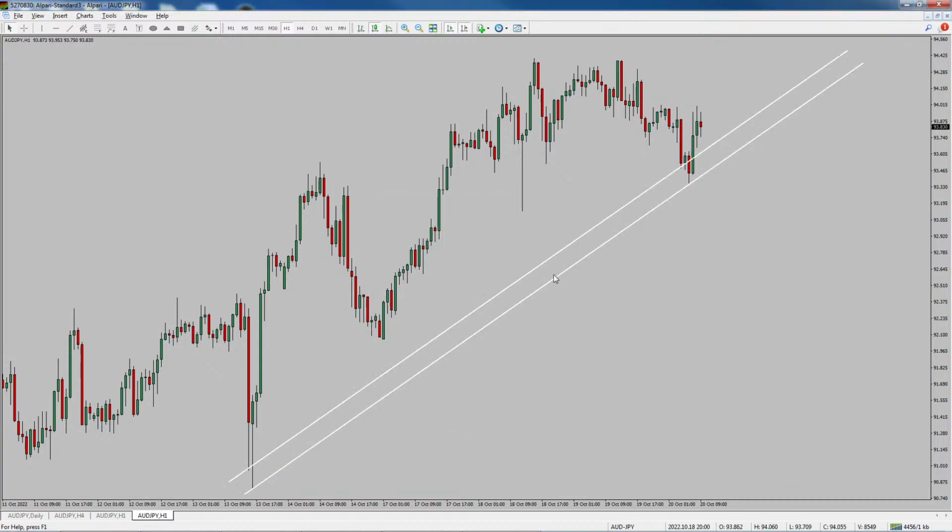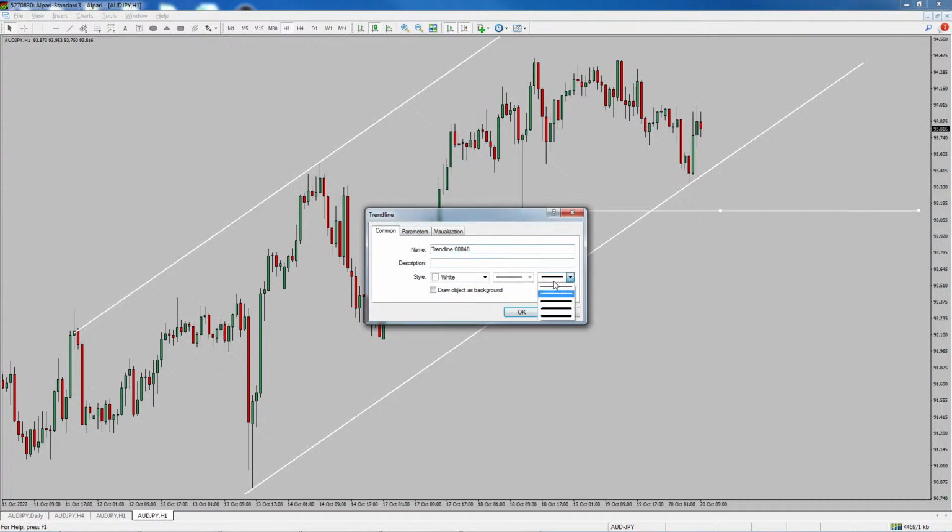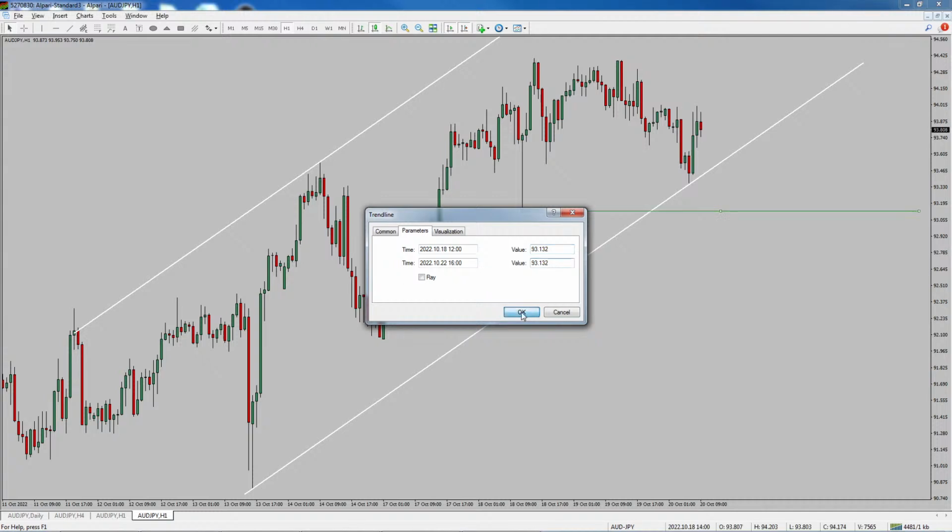Okay, in the AUD/JPY 1-hour chart, the support goes around this area, 93.13.